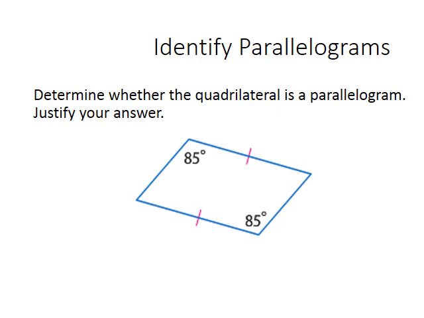Our conditions for parallelograms say we have to have either both pairs of opposite sides congruent, so we would have to know these are congruent and these are congruent, or both pairs of opposite angles are congruent, so we would need to know this and this. What we've got is a mixture of those. So there is not enough info here to prove this is a parallelogram. We just keep it at quadrilateral.